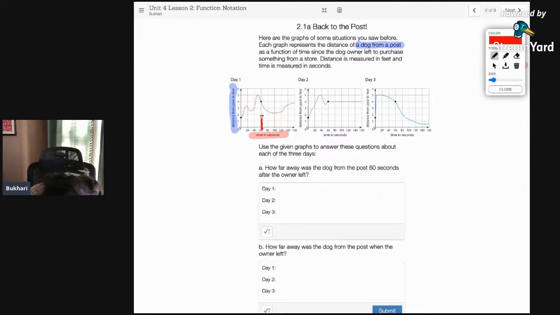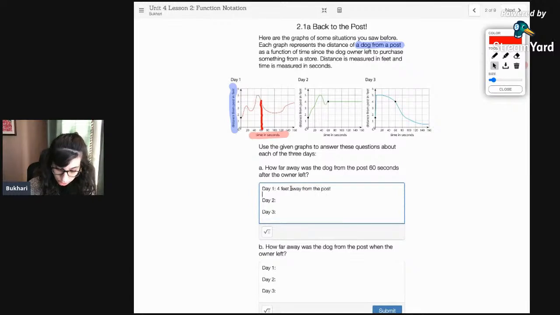I'm going to go up, up, up, up, and I notice that I cross the graph, my output value is 4. I know that at 60 seconds, I will be 4 feet away from the post.